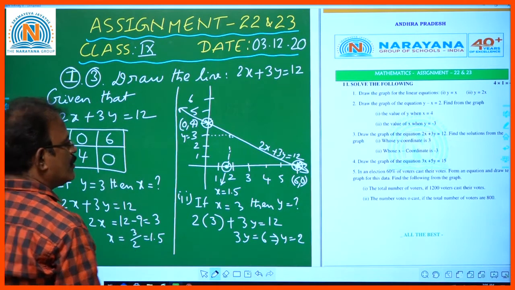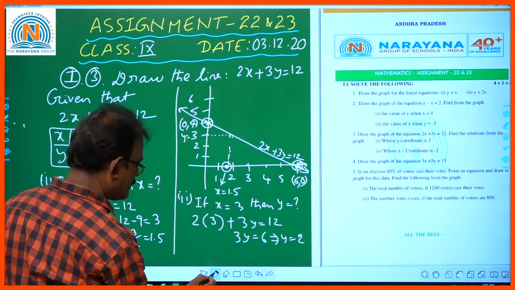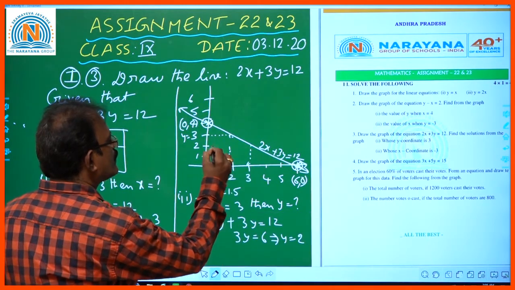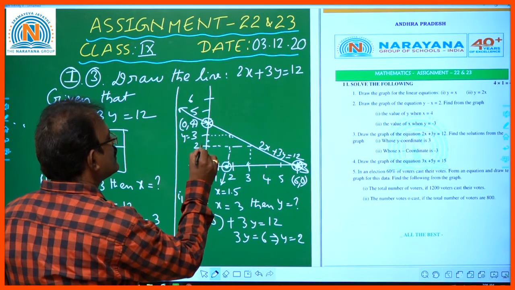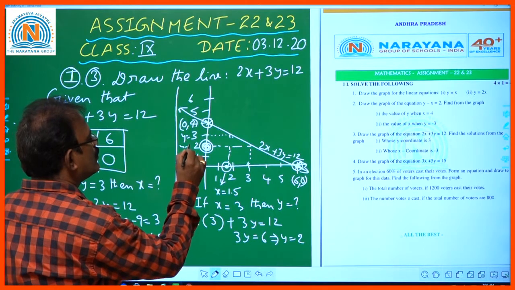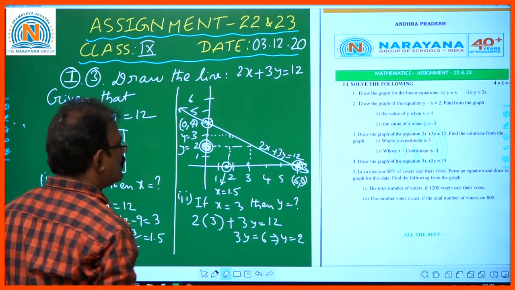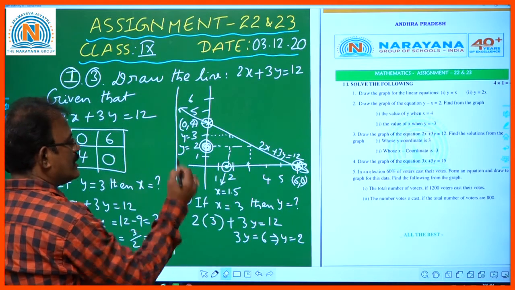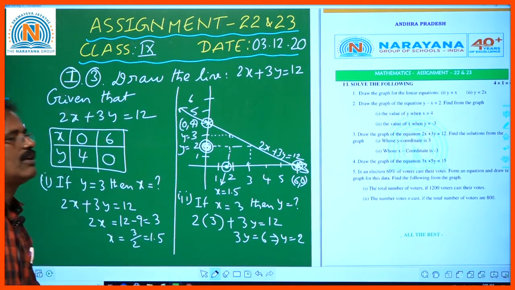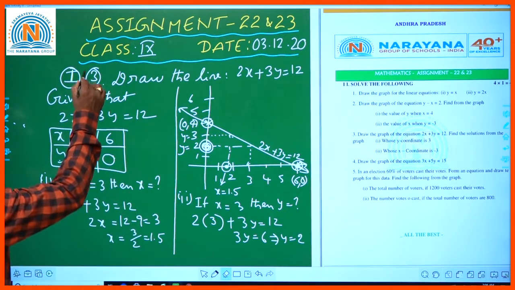So x is equal to 3. If you see here, this is number 2, when x is equal to 3, y is equal to 2. Like that we can find the values graphically, children.